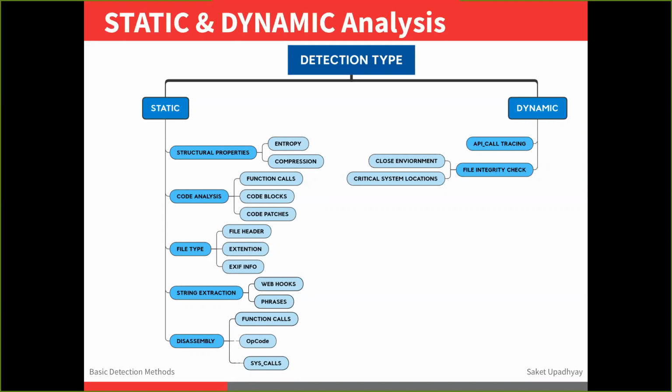For example, if malware is changing certain files in its closed environment, meaning the folder it is in or the privilege level it is executing on. Or we can check for critical system locations like kernel files in Windows, the system32 folder, or the C drive. In Linux, we can check the root directory, whether it is changing anything in the bin, etc.